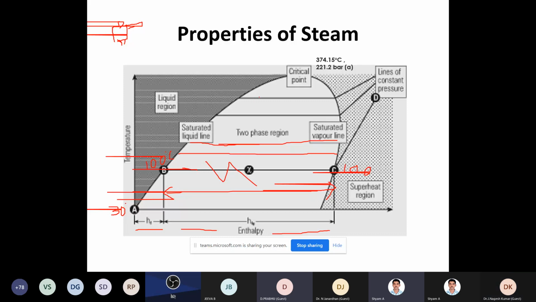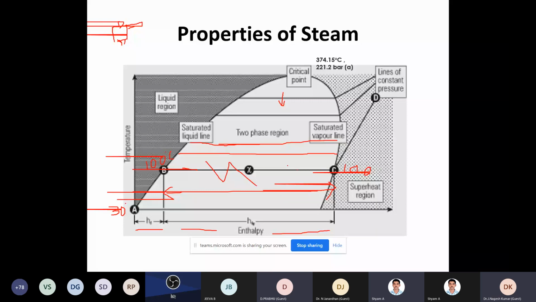Okay. So the latent heat decreases as you increase the pressure, which means that we should use the lowest possible or practical pressure for any of our heating applications. So when you use lower pressure steam, latent heat is more and more heat is transferred from the steam to the substance which needs to be heated.